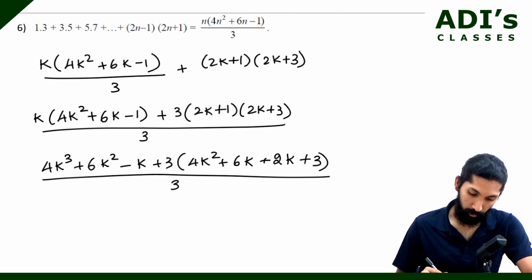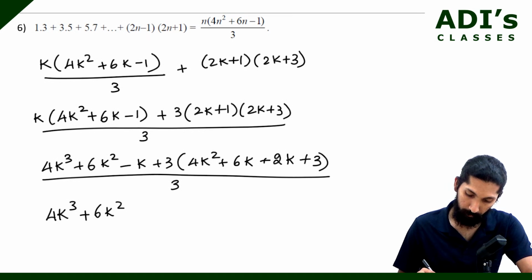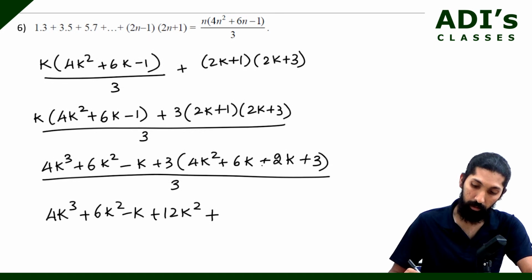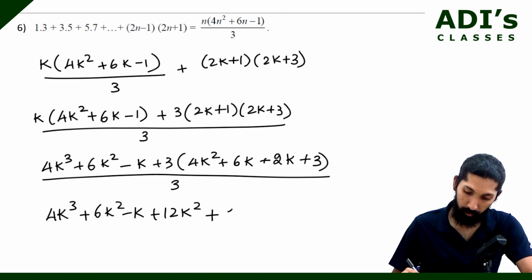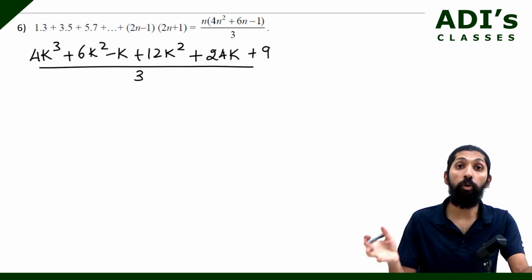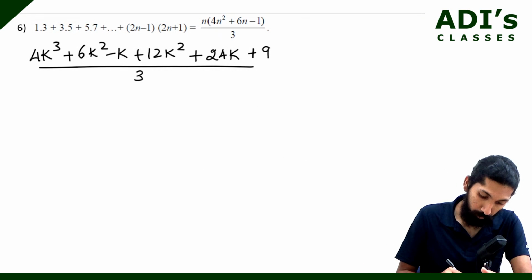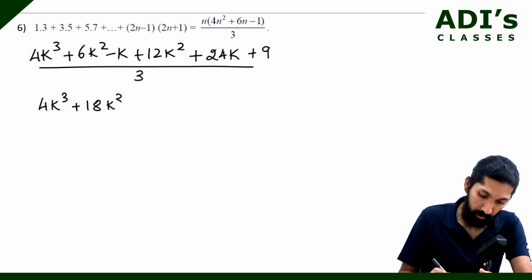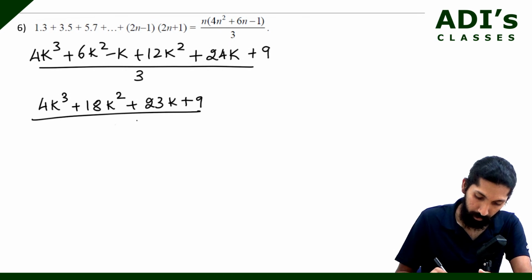You are going to have 4k cube plus 6k square minus k plus 12k square. See, 6 plus 2 is 8. 8 into 3 is 24. K plus 9 whole over 3. Isn't it? Group them. See, if you group, you'll get 4k cube plus 18k square. Sorry, 18k square plus 23k plus 9 divided by 3.